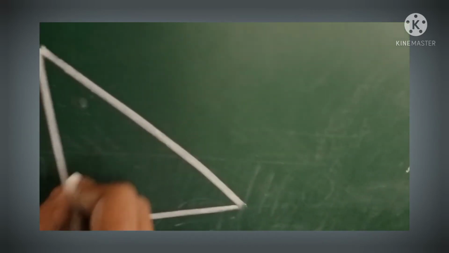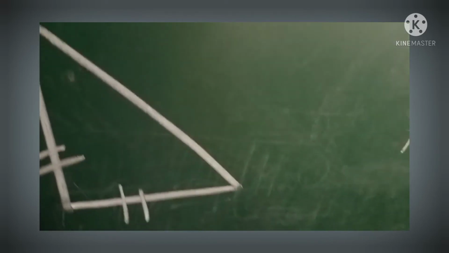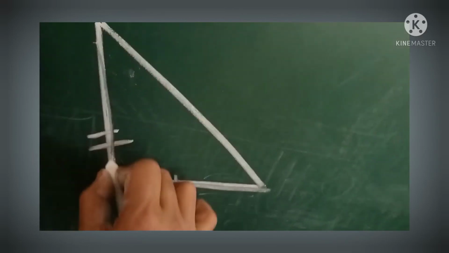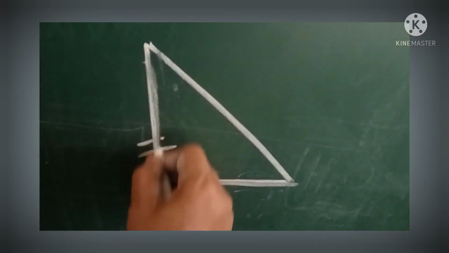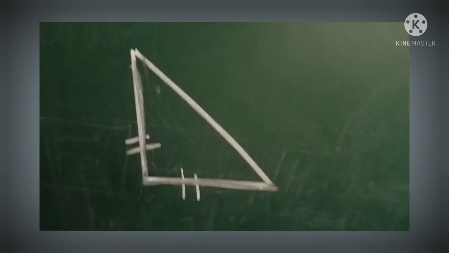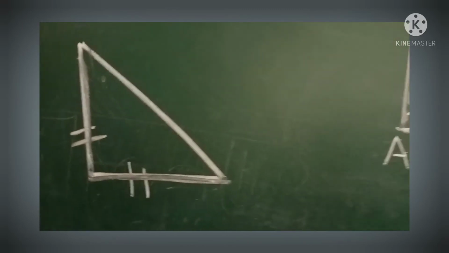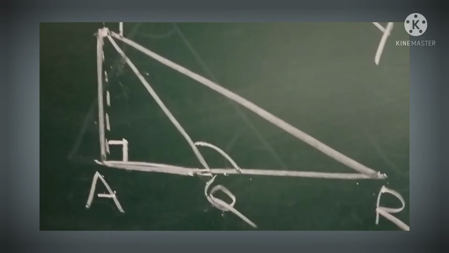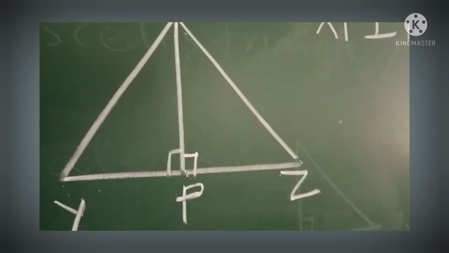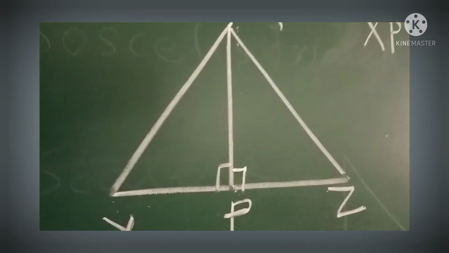Then what about a right triangle? Here in a right triangle, we can say these two sides are altitudes to each other. If you take this as the base, this should be the altitude, and if you take this as the base, this should be the altitude. That means for a right triangle, the altitude is one of the sides. For an obtuse triangle, the altitude is outside of the triangle. For an acute triangle, the altitude is inside of the triangle.